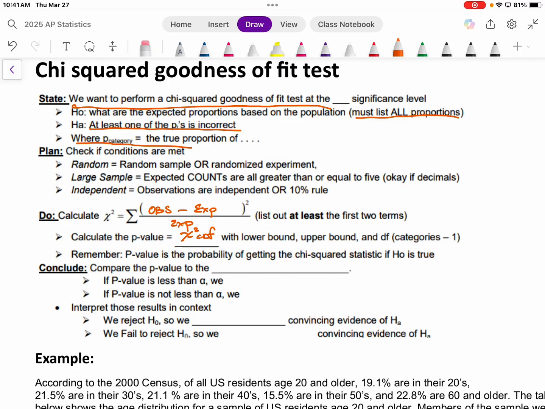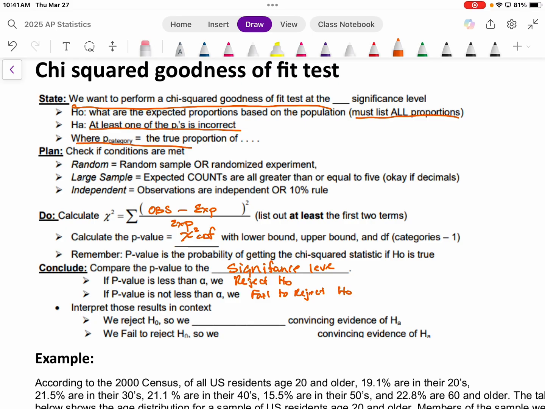So remember, p-value is the probability of getting the chi-square statistic if the null hypothesis is true. We compare the p-value to the significance level. If the p-value is less, we reject the null hypothesis. If it is not less, we fail to reject the null hypothesis.